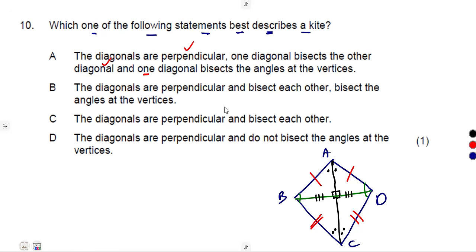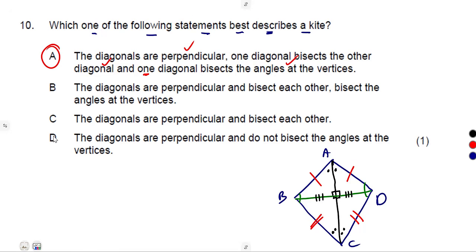They are saying it is only one diagonal. It is very true. It is only one diagonal, which is AC, which bisects the angles where it is, the angle at A and the angle at C. Only one. BD does not have those properties. So this statement is also true. So as you can see, all these, they are true.